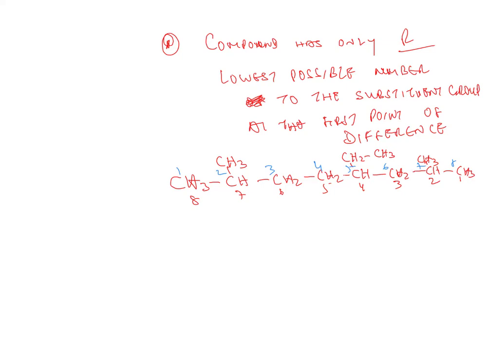Now here, if I take the bottom one, I get 2 for CH3, 4 for CH2CH3, and 7 for CH3. The top numbering gives 2 for CH3 and 5 for CH2CH3, and 7 again for CH3.